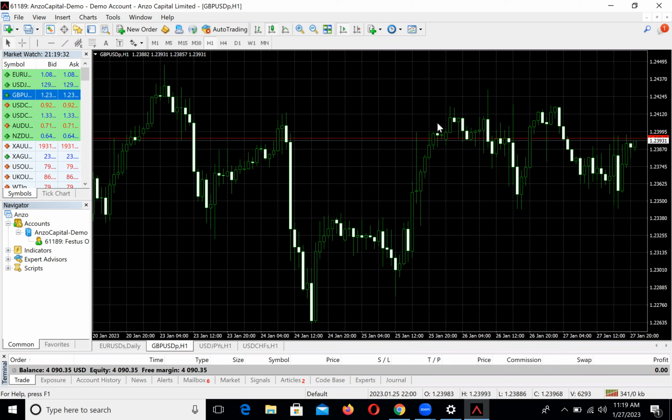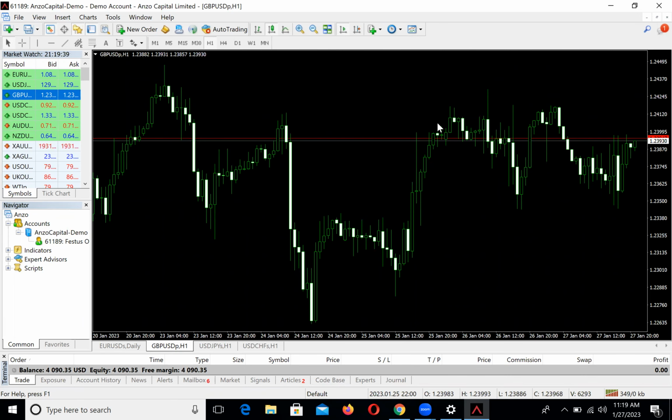We would want that off our chart so that we can see properly. So let's do Control G, and then it's off. What you are seeing here are called candlesticks.